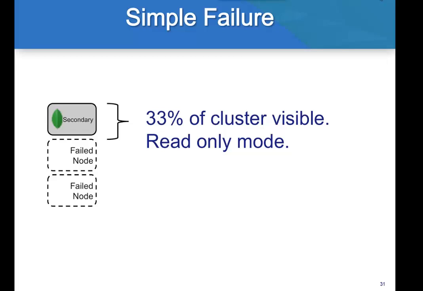And at that point, the primary will step down and change itself to a secondary. As a secondary node, it can satisfy reads. Applications can connect to it and read data, but they will not be allowed to write to it. And it will continue in this read-only mode until it can see a majority of the votes.